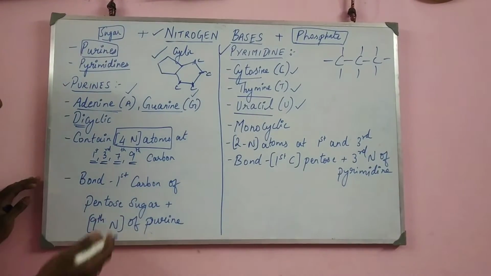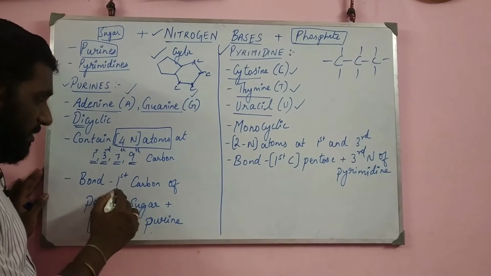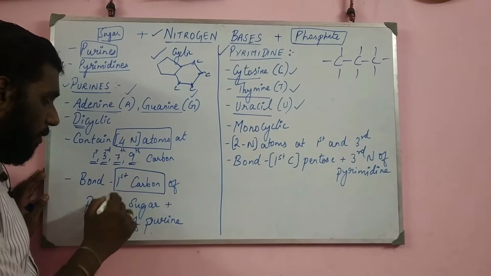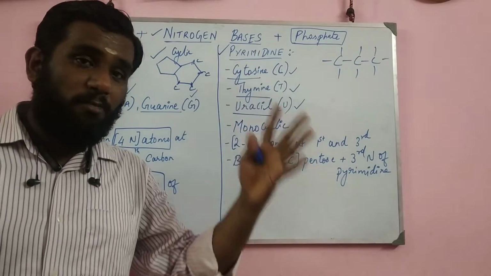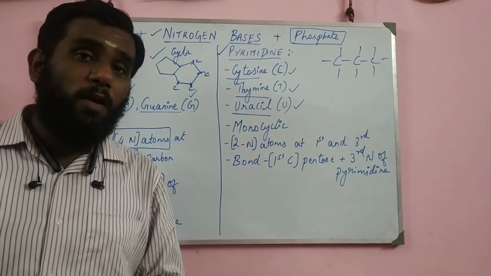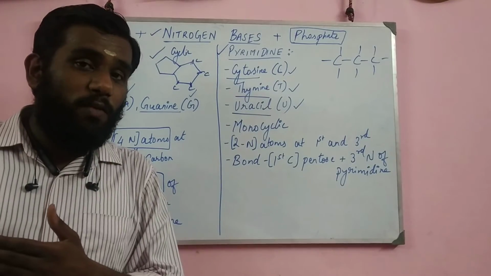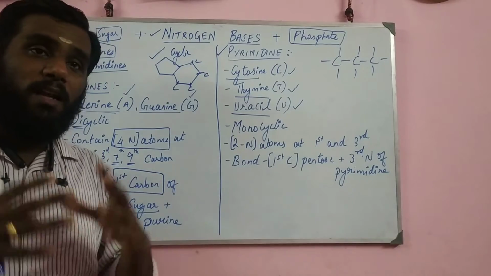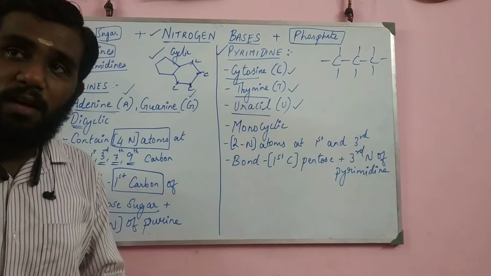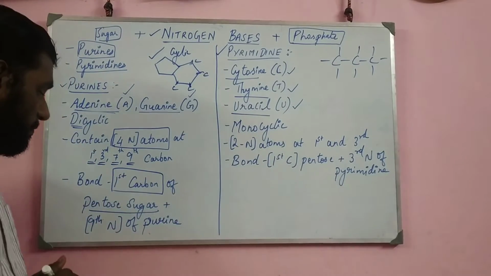We'll see. The bond always takes place with the first carbon of the pentose sugar, and we'll be seeing the structure of the phosphate. But the pentose sugar, in the previous video, we have seen what is a pentose sugar and what is a deoxyribose sugar, what is a ribose sugar. We have been seeing about all those things.